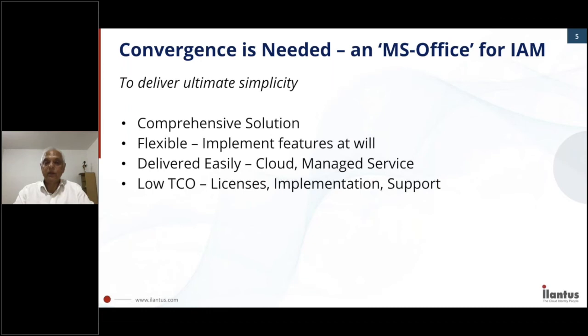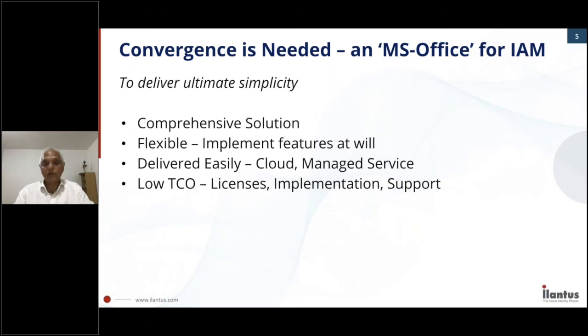All this is obviously not going to be successful unless we are talking about a radically different total cost of ownership. As we all know, most of the IAM customers are not happy that the licensing and the implementation support costs are way too high. They're finding it more and more difficult to justify it, especially in difficult times of today.